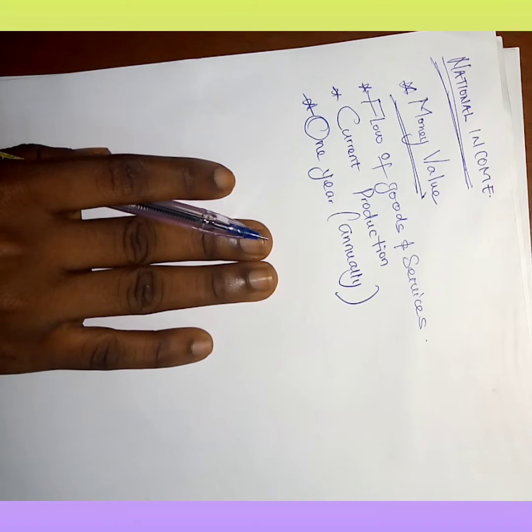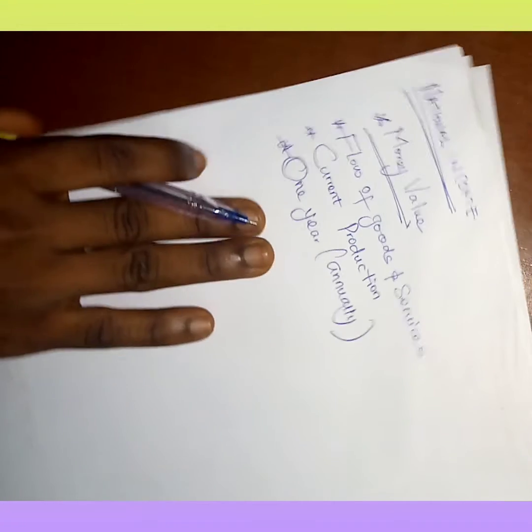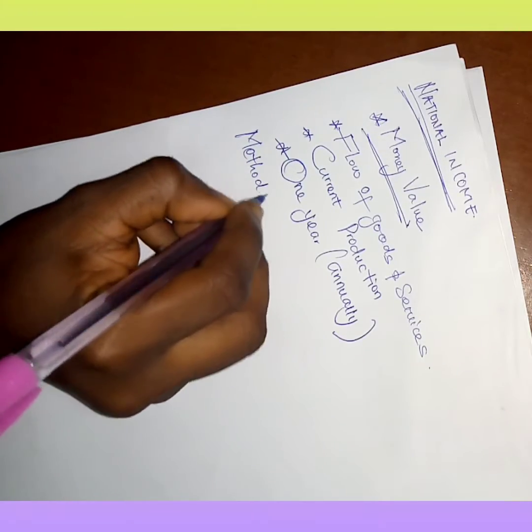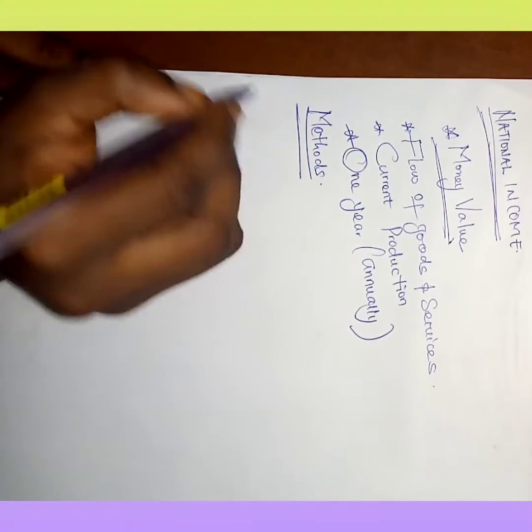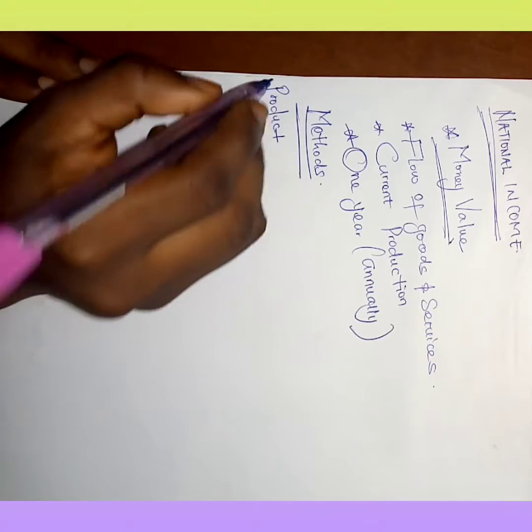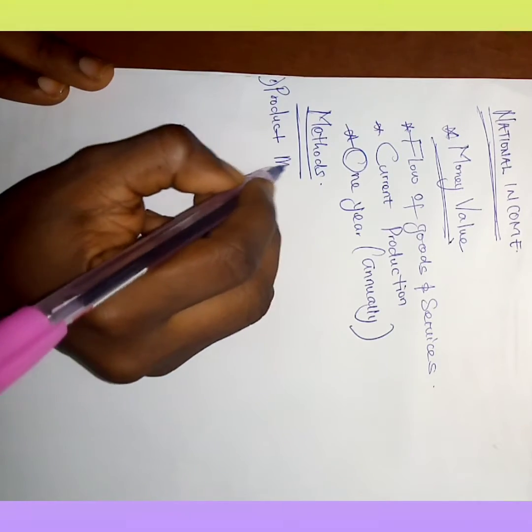And you see, there are different methods of measuring this national income. Now let's look at the methods of measuring national income. So we have the product method. There are four, to be precise. The product method.